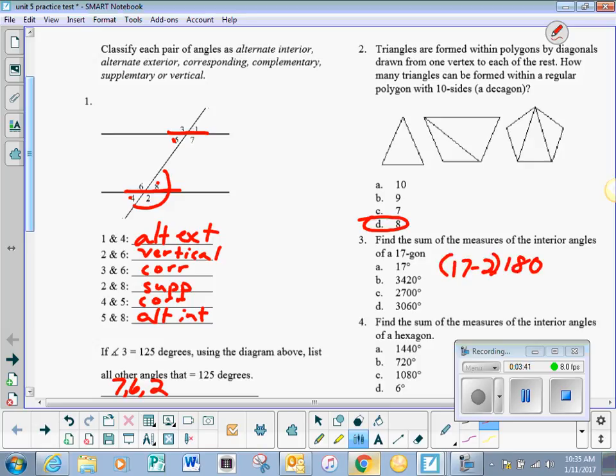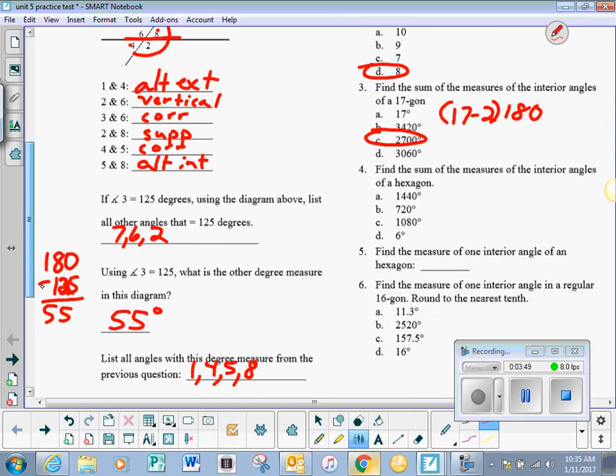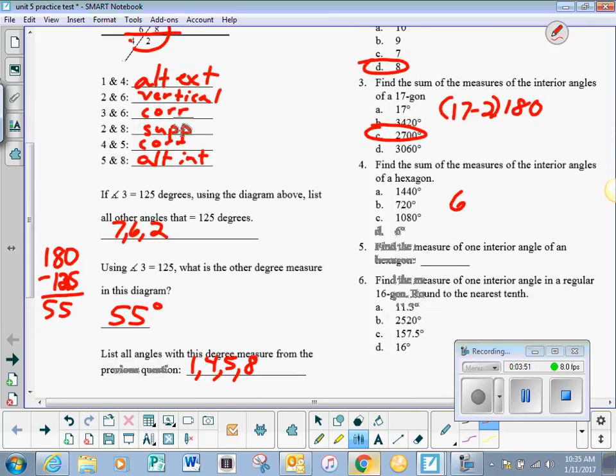And that gives you what? 2700. Good. When we want to find the sum of the measures in a hexagon, we would do 6 minus 2 times 180. So that's going to be 720. If I want to find the measure of one angle, I need to divide that by the number of sides, or 6. So 720 divided by 6 is 120 degrees.